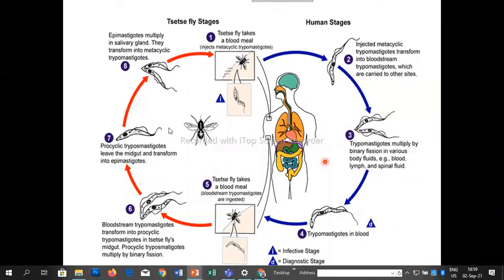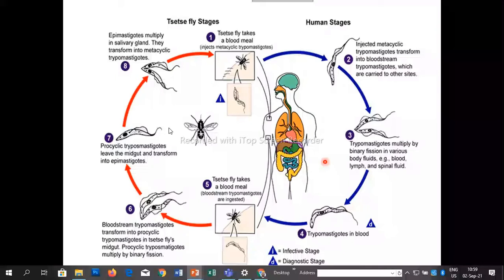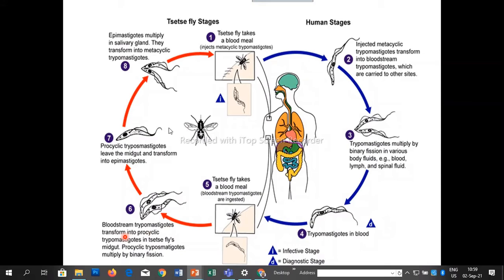This trypomastigote in blood will also be taken up by a tsetse fly, or Glossina palpalis, during another blood meal. Then the bloodstream trypomastigote will transform into a procyclic trypomastigote in the tsetse fly midgut.